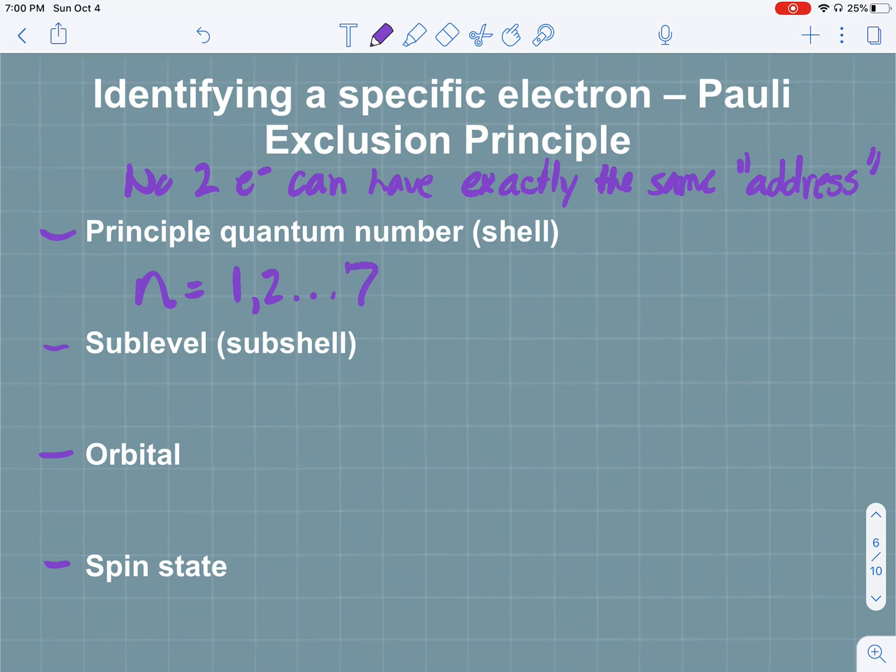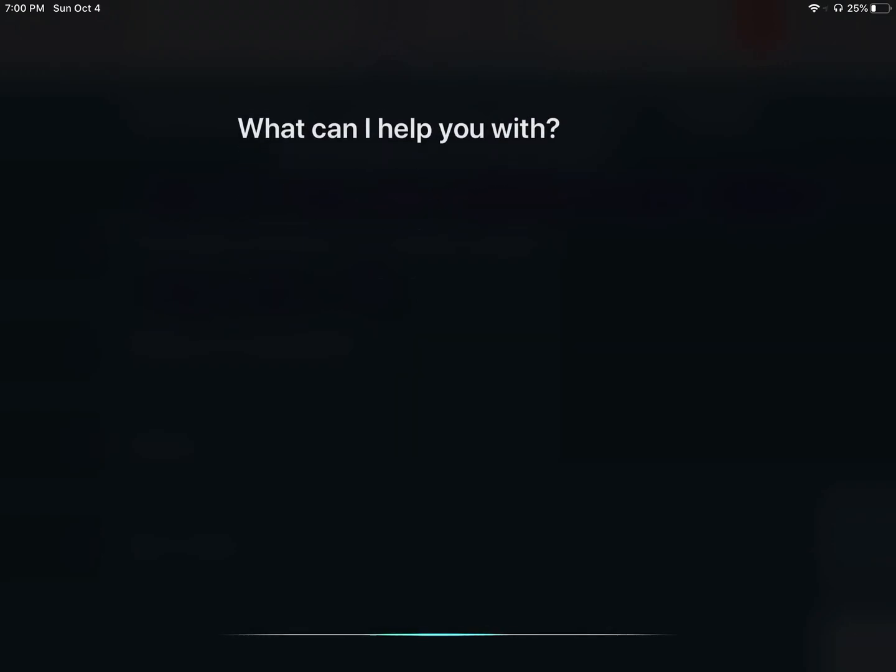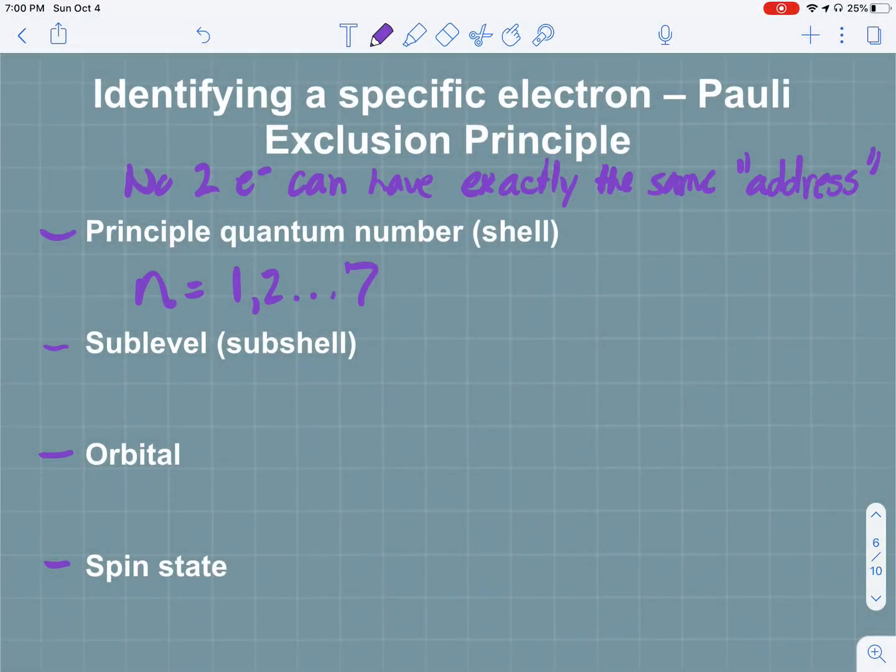The sublevels, or the subshells, are represented by the letters S, P, D, and F. The orbitals are specific orientations of those sublevel shapes.